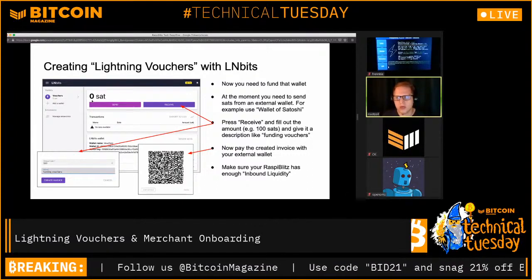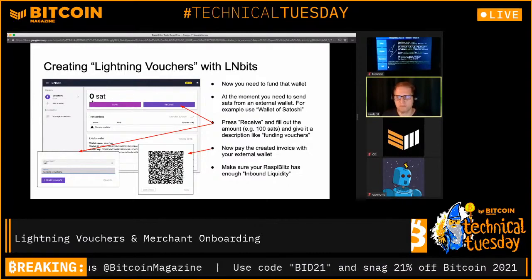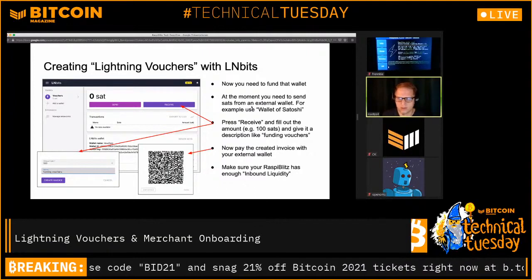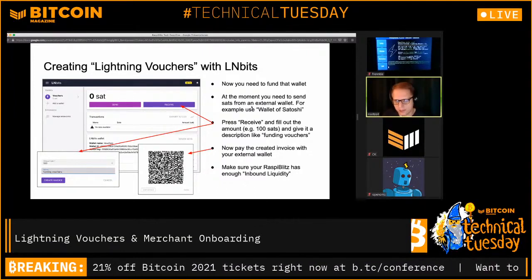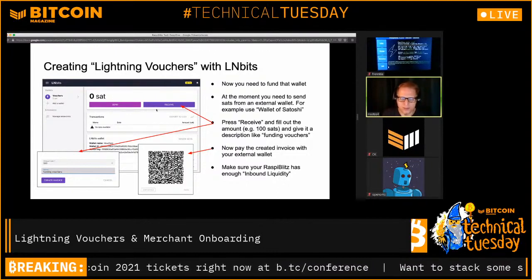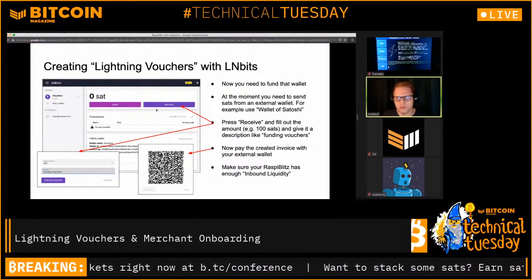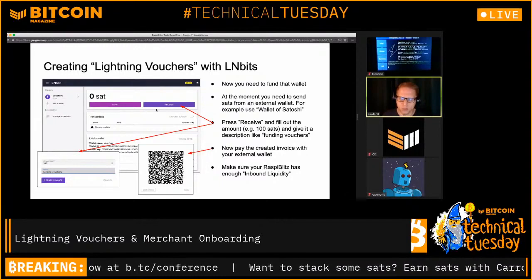So what you need to do is send from an external wallet. Maybe you have one on your mobile phone, you can simply use a wallet like Wallet of Satoshi. You send some Satoshis from your main account to there, and then you send them back to this LNbits wallet. It's hoped this will get easier in the future, but it works.